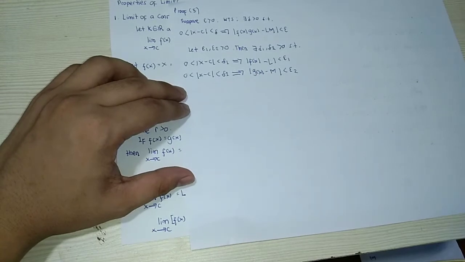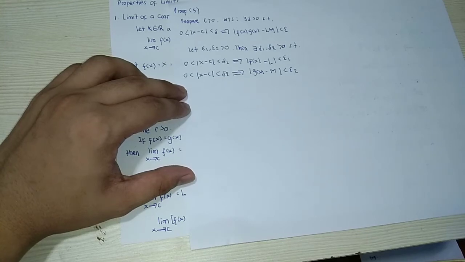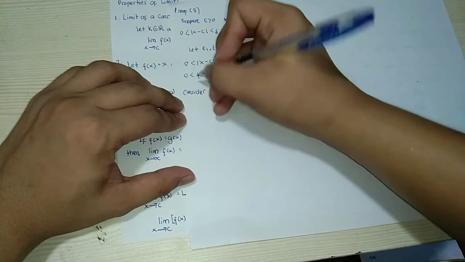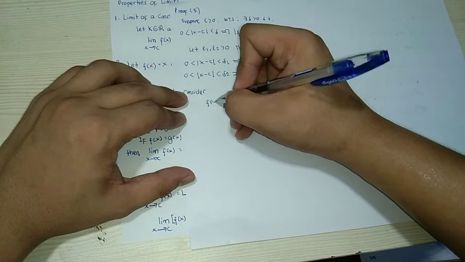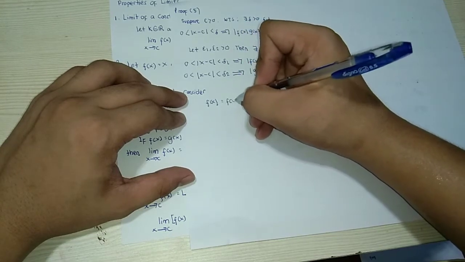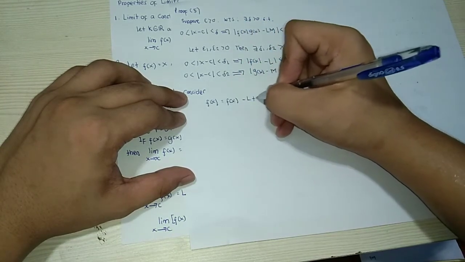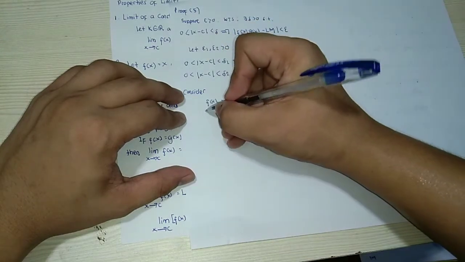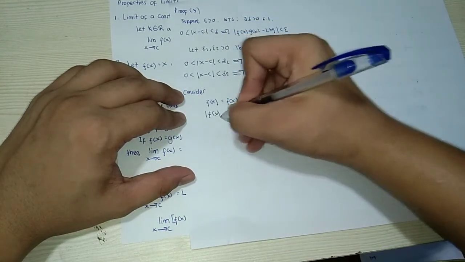So next, gawin natin, mag-form tayo ng magiging value ng M in terms of L. Okay? So let's consider f of x equals f of x minus L plus L. So dito, same lang naman sila. They are similar. Nag-minus lang ako tsaka nag-add ng L. So kunin natin yung absolute value ng both sides ng equation.